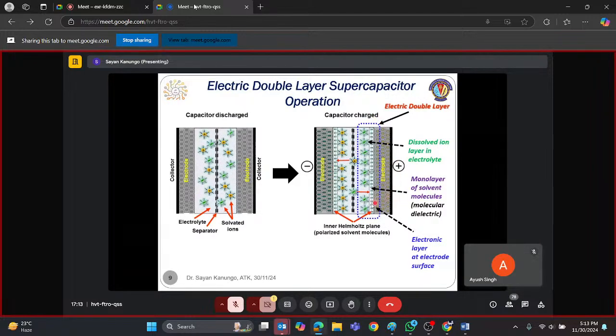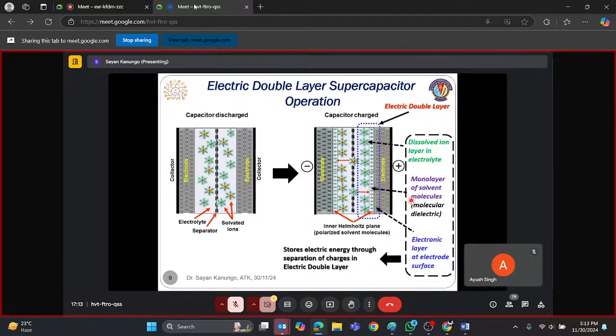So this basically leads to efficient energy storage between these two separated charge layers, and that is basically the governing principle of electrostatic charge storage in the ideal supercapacitor. From this simple discussion of the operating principle, we can deduce that the performance of this type of ideal supercapacitor depends on both the electrolyte and electrode specification.